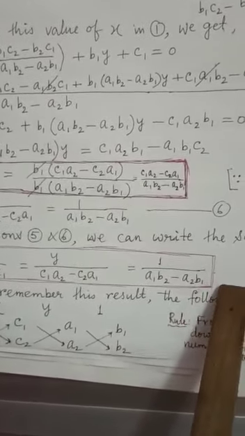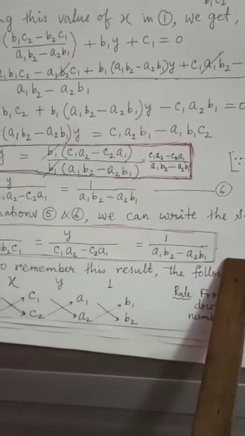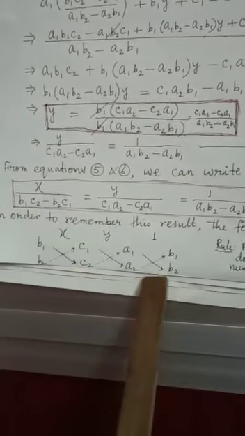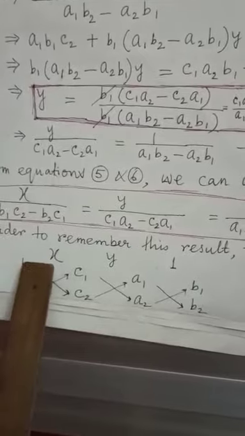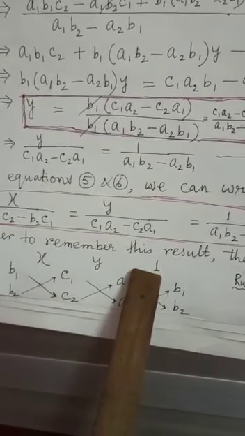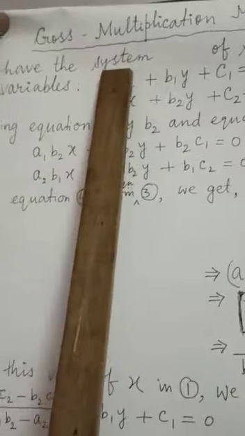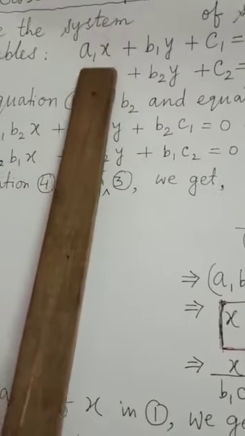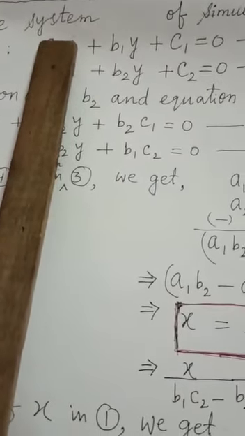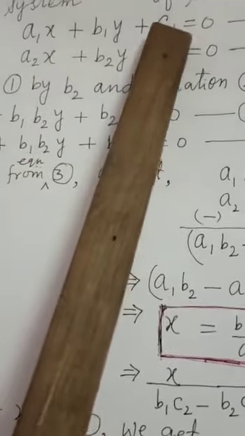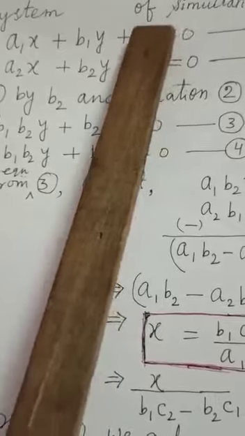Now in order to remember this result, let us draw a diagram as shown here. We write x, y and then 1. Below x, leaving the column containing x, we will write the column containing y, that is b1 b2, and the column containing constant terms, that is c1 c2.